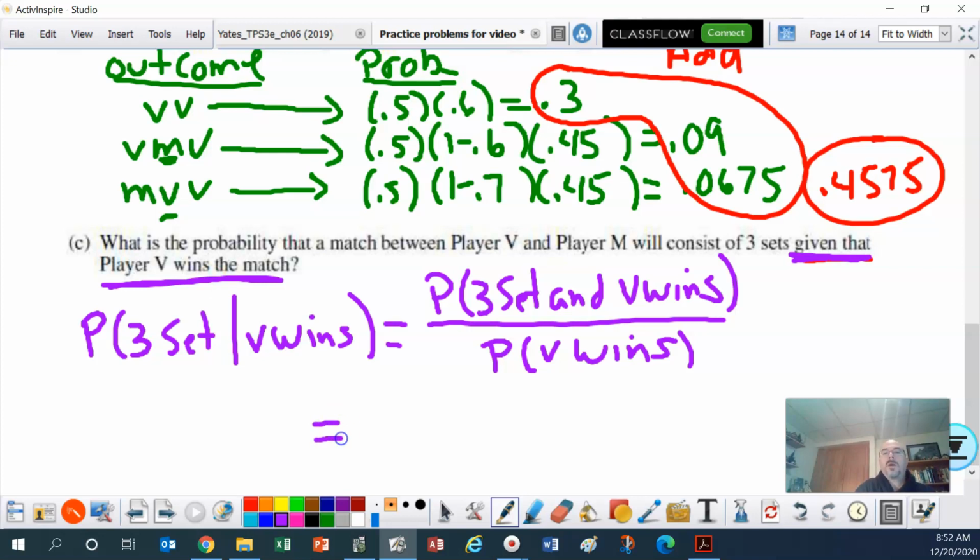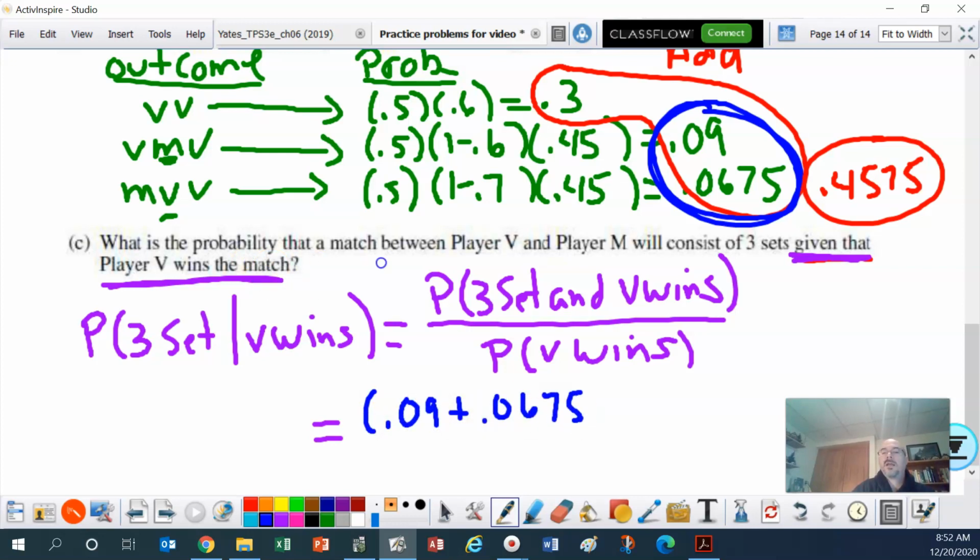Okay, well, the probability of 3 sets, ladies and gentlemen, is these two added together, right? Let me get blue here. These two added together, that's the 3 sets. Okay, and if I take the 0.09 plus the 0.0675, that's the 3 sets.